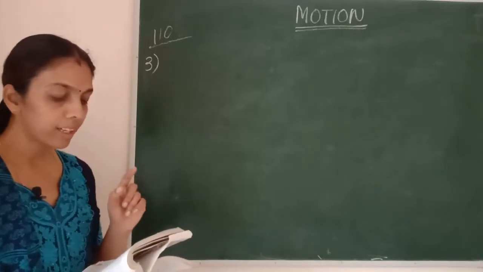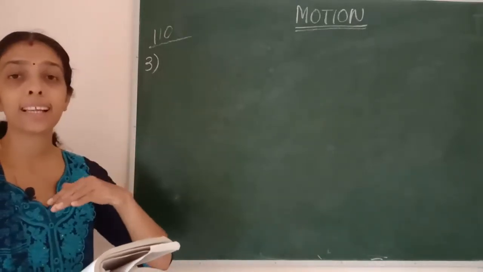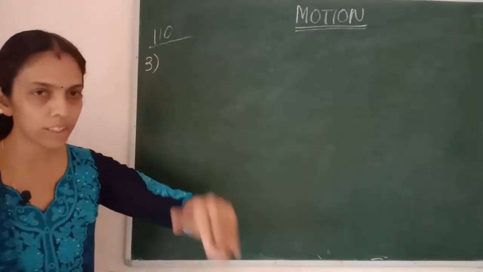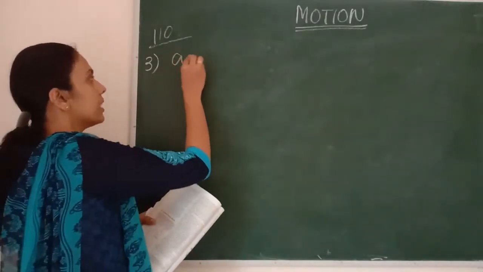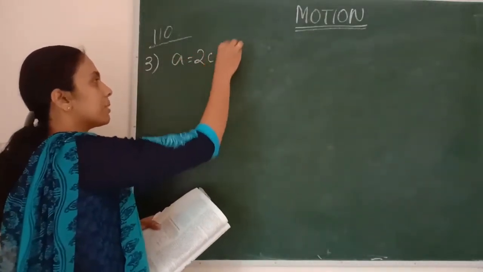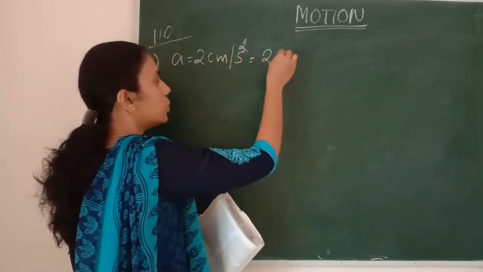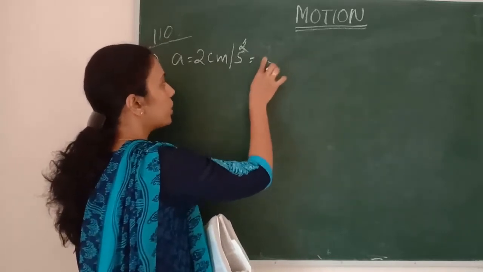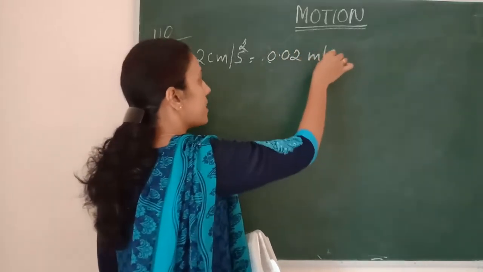The trolley is going down an inclined plane. Its acceleration is given as 2 centimeter per second square. We can convert it into meter per second square. 2 centimeter to meter conversion is divided by 100. So 2 divided by 100 is 0.02 meter per second square.